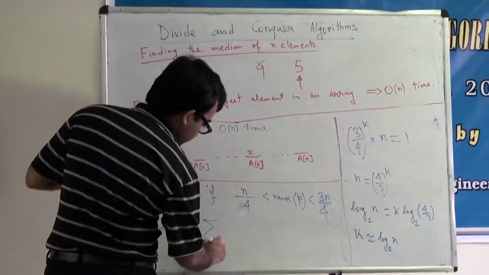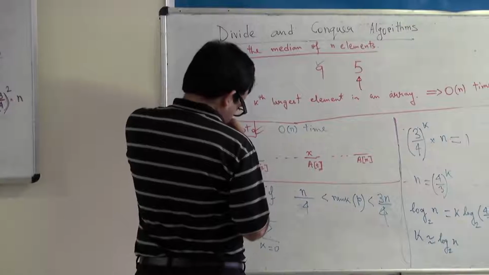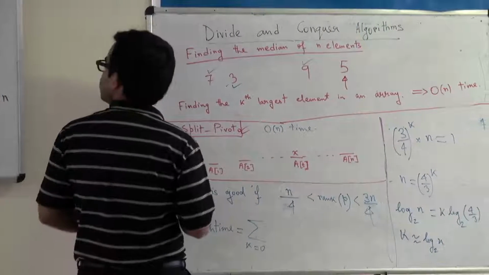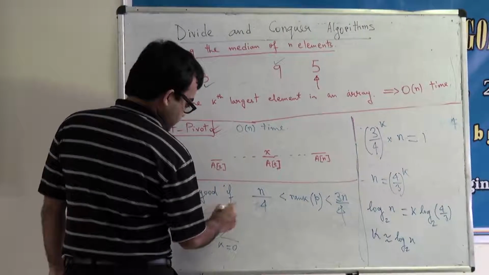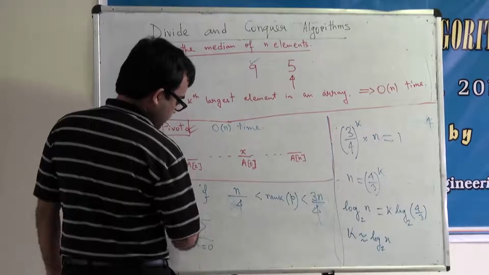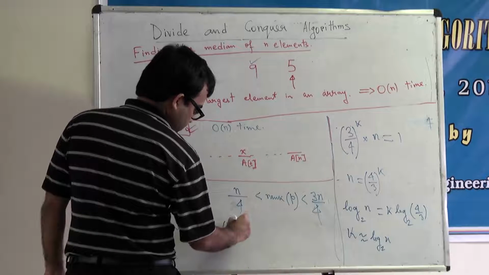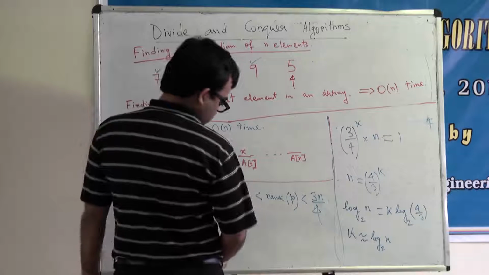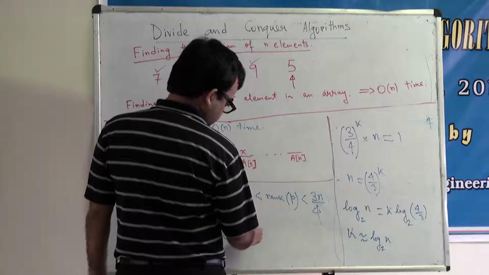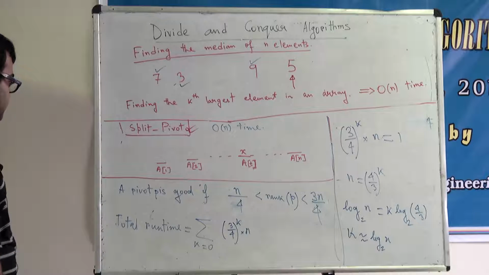What is this? The sum over K equal to 0 to some log factor. Okay.